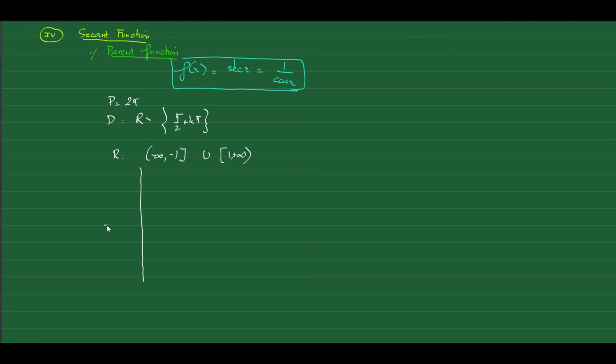You can have something like this. So 2 pi will be here, and this is pi, so pi over 2. It looks like the asymptotes are right here and right here.